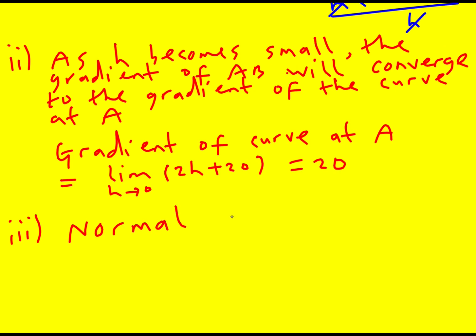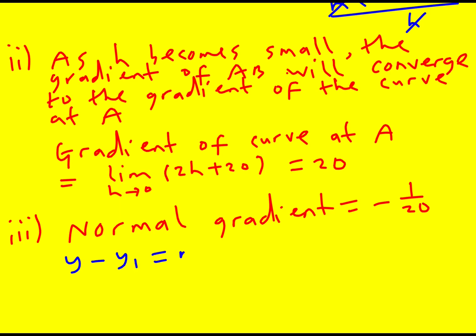So the normal gradient will equal minus 1 over 20. It's the negative reciprocal of the gradient at A, because the two of them have to multiply to give minus 1. Now I can use y minus y1 is equal to m times x minus x1 for the equation of this line.